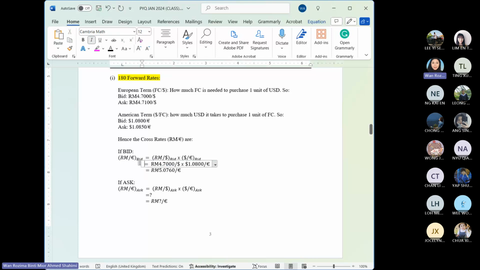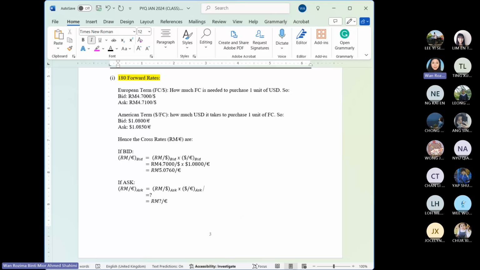Then do the same for ask. This one also, Ringgit Malaysia against USD ask times USD against euro ask. This one is in sequence based on the question, so you don't have to take the reciprocal, meaning 1 over something. So this one is pretty basic.